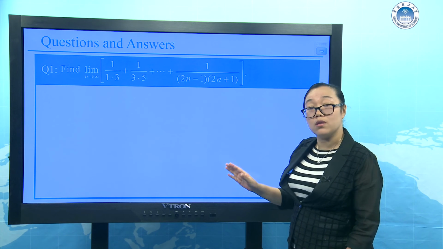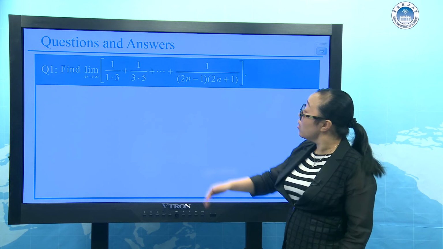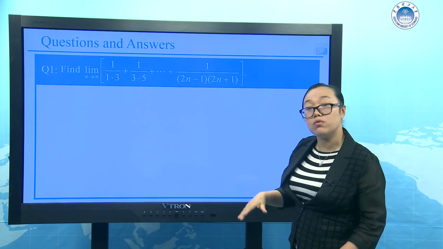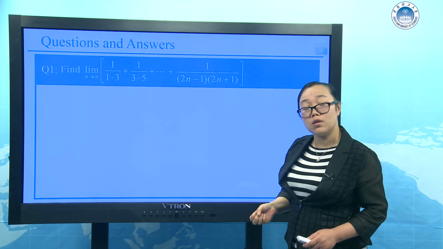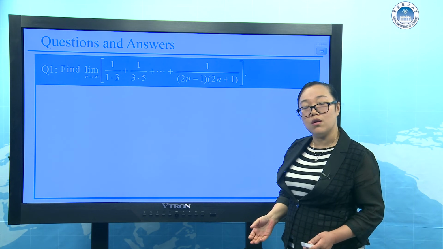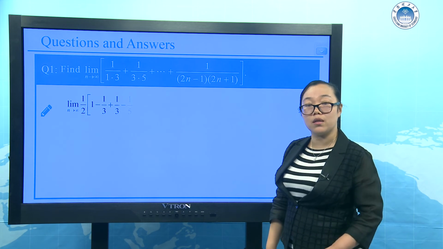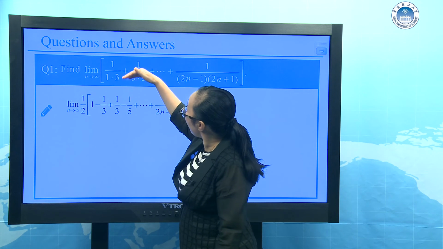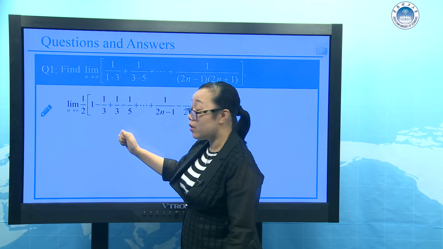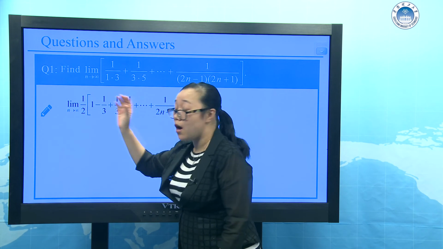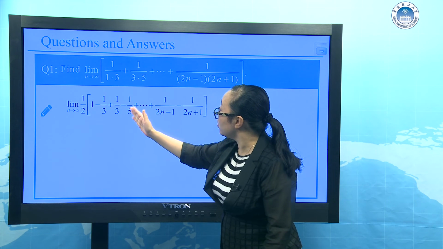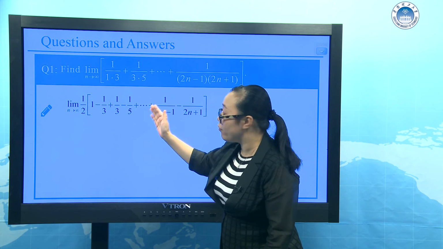So we cannot write 0 plus 0. Anyway, the first term is not 0. It's a constant. How to write it? The number of terms is infinite, so we use a mathematical idea. Write the first term as half times 1 minus 1 over 3, pay attention to the factor half, then another half times 1 over 3 minus 1 over 5.